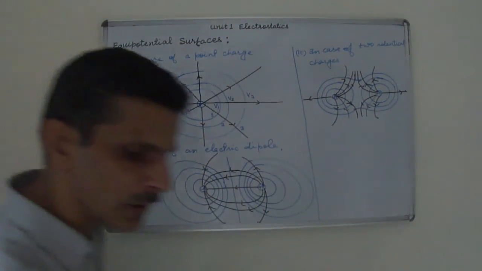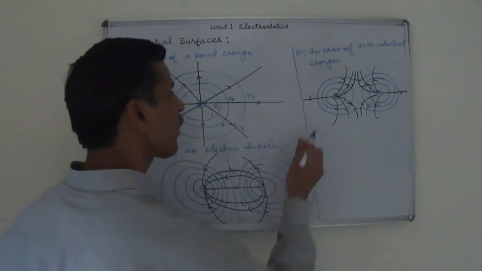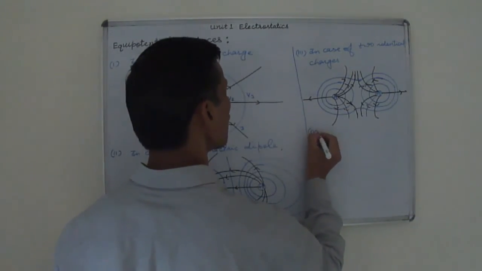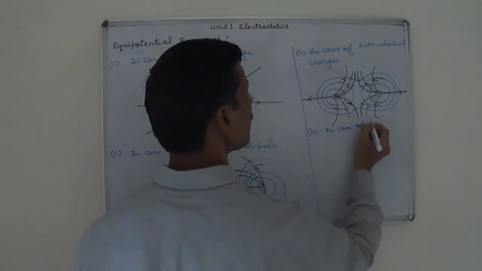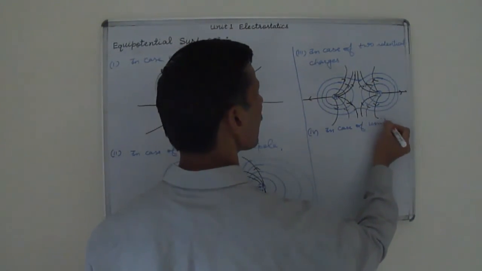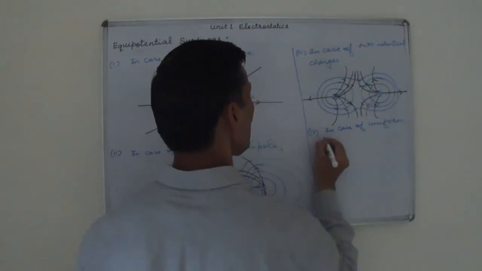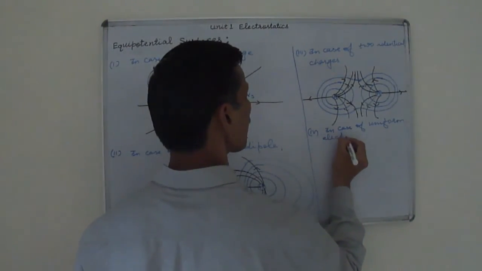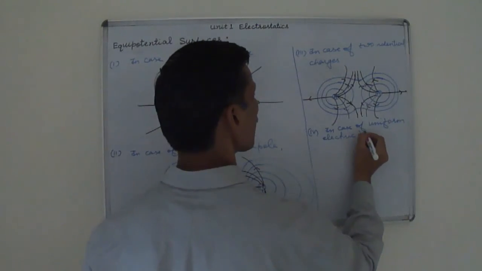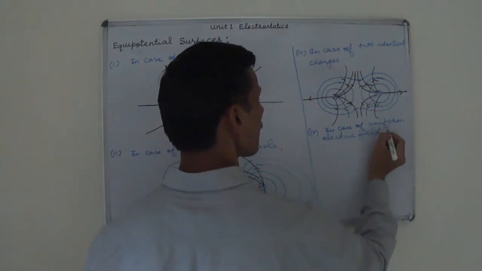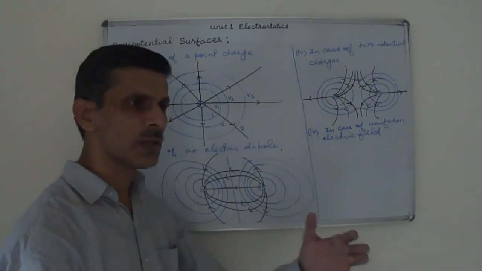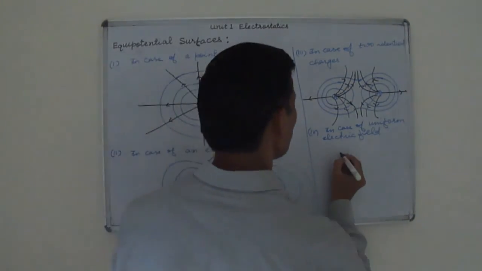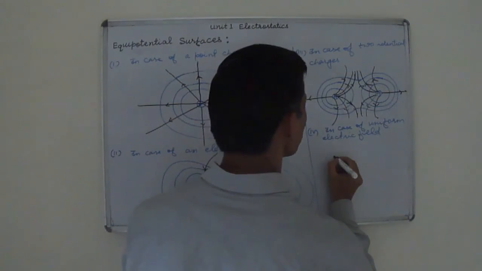Next, in case of uniform electric field, say in a region field is uniform, let us draw electric field lines.